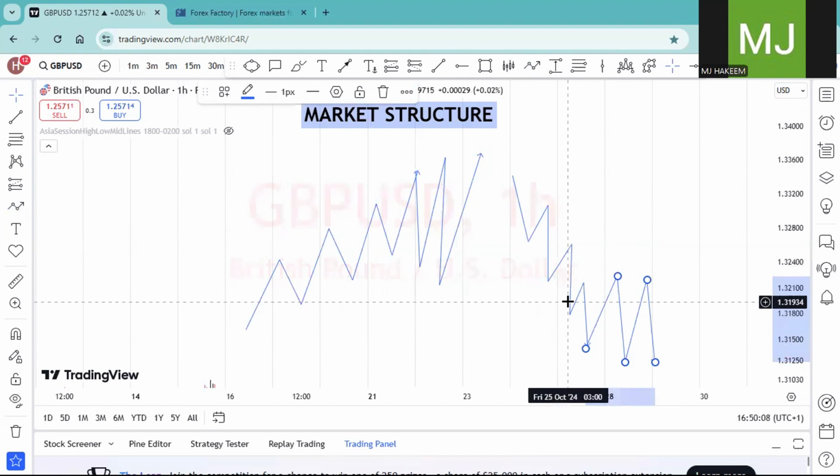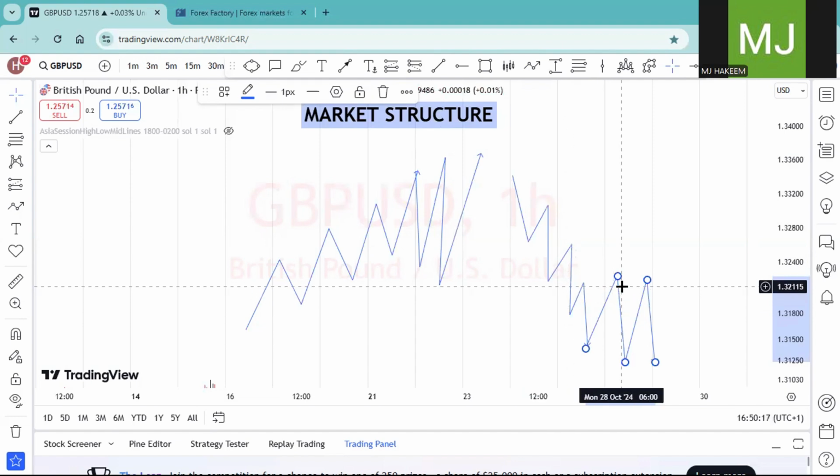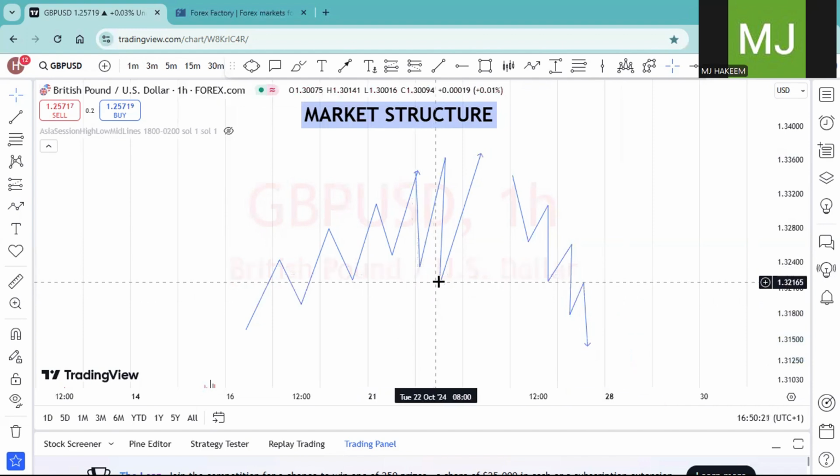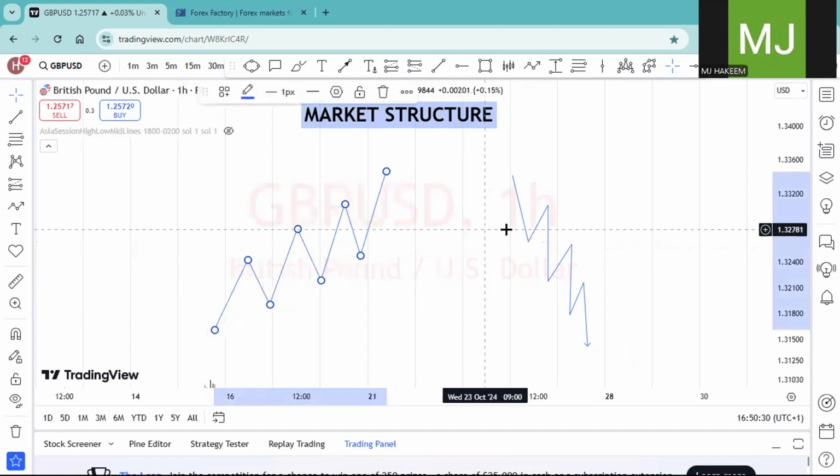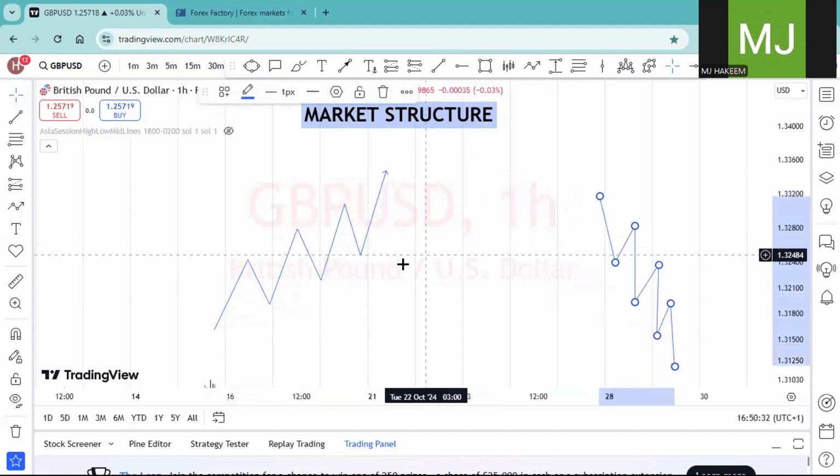Now, let me introduce that we have different types of structure. We have what we call the internal structure, and also what we call the external structure. All these we are going to be talking about today. But before we proceed, let me explain what external and internal mean in a very simple way. If I say external structure, for example, I'm going to make use of this uptrend.